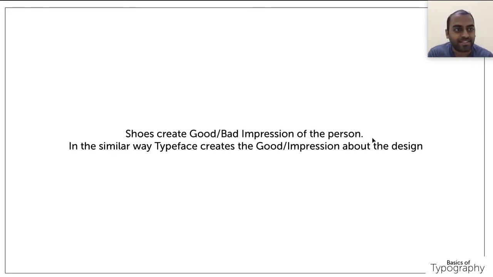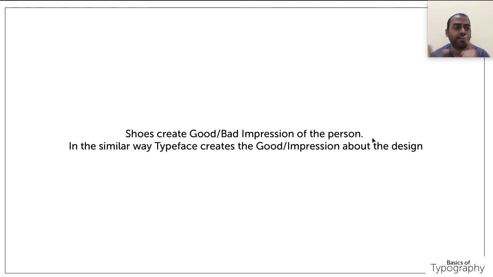Just like I said at the start of the session, shoes create a good or bad impression of a person. In a similar way, you can judge a design with the help of typography, font, and also color. If you get these three things right, typography and font, we can keep it as one thing.